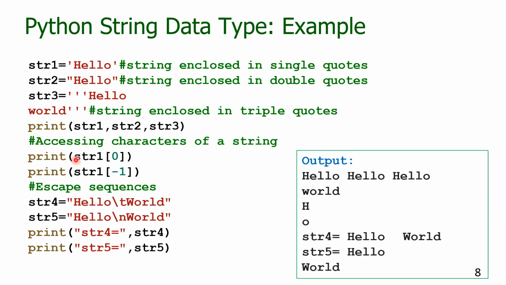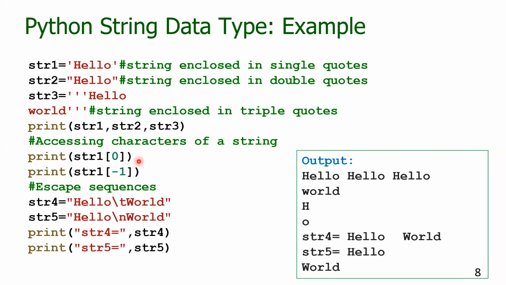So when we try to print str1 of 0, it is going to print the 0th character, which is h here. This type of indexing is called positive indexing. Similarly, if we try to print str1 of 1, it is going to print e.